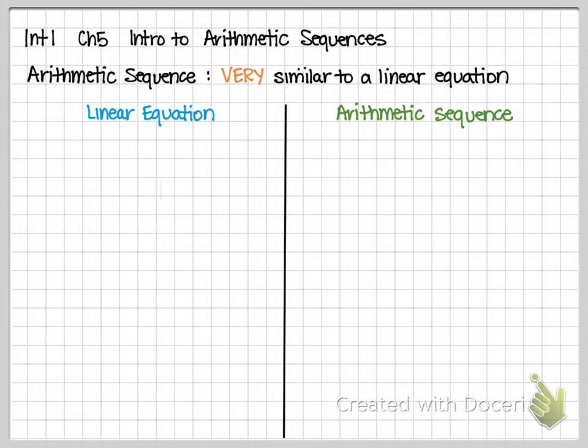Over here on the left with a linear equation, we know that we have used, and again, it's not the only form of a linear equation, y equals mx plus b, where, defining a couple of things, m represented our slope, and b represented the starting value, which helped us with finding the y-intercept.